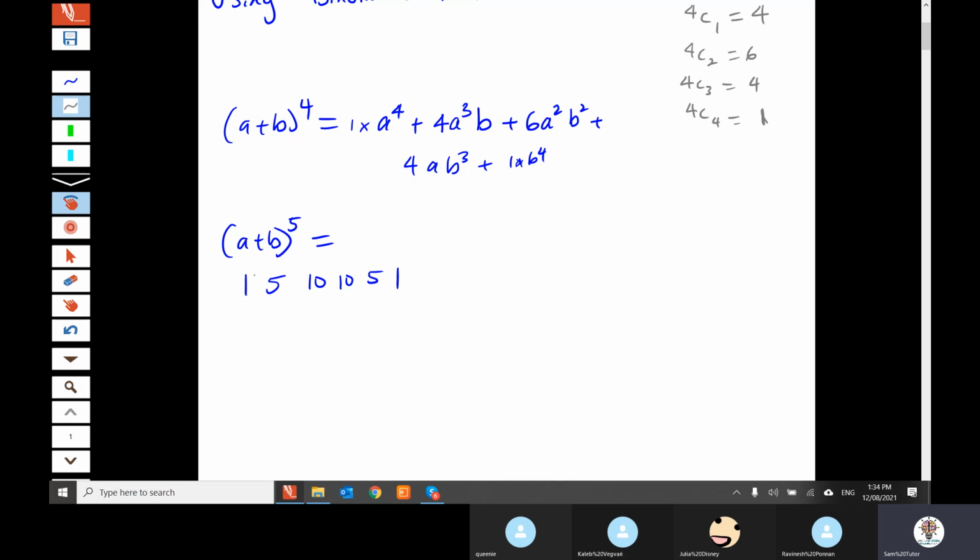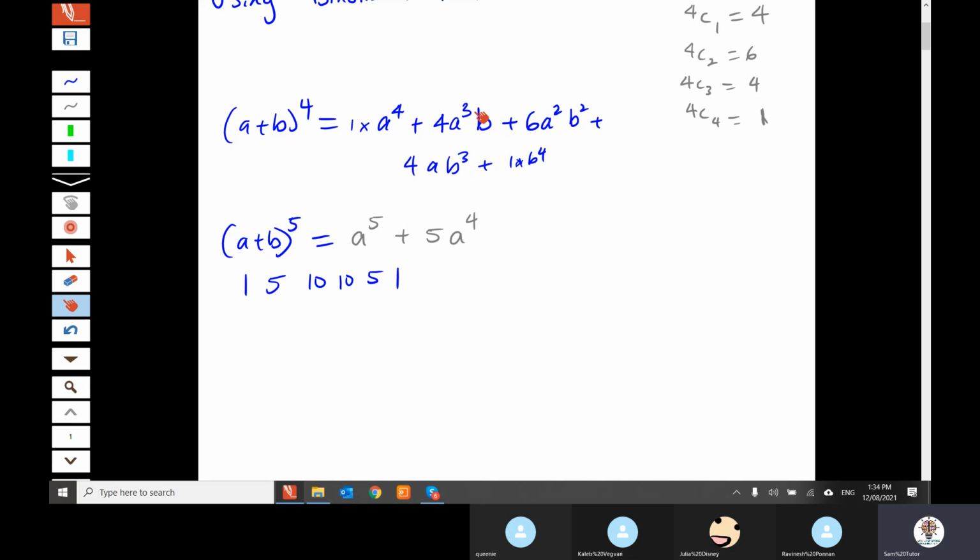Well, your coefficient's always going to be 1 at the beginning anyway. So what's the very first one? A to the power of? 5. Then plus 5, A to the power of? 4. Yep. And then pretty much these numbers need to add up to always give you your power.